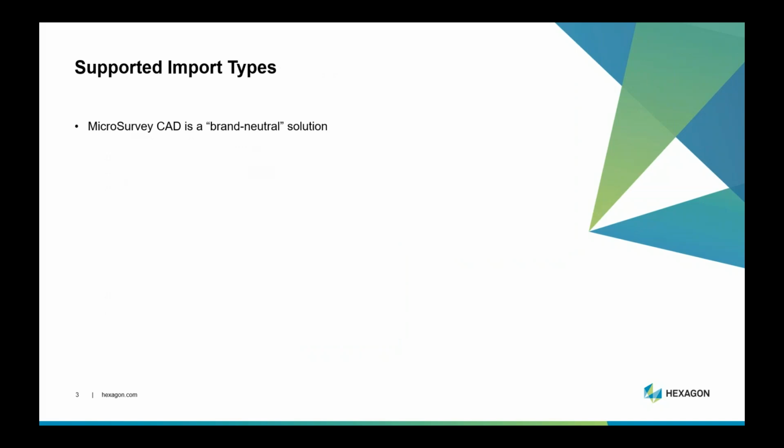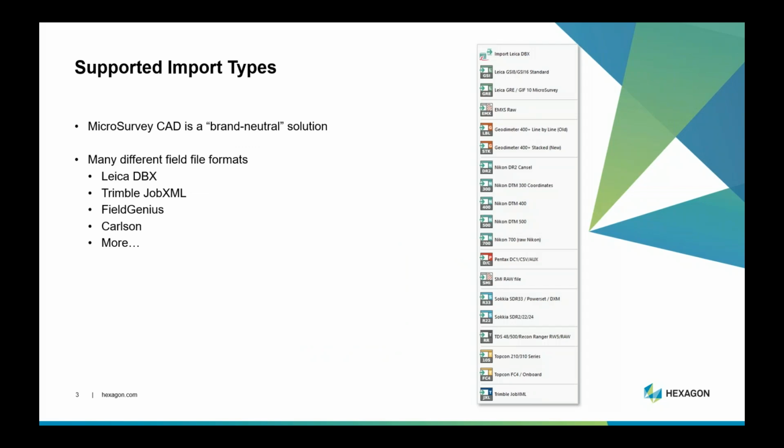So to start, MicroSurvey CAD is a brand neutral solution. That means we import several different file formats. We can import from Leica, Trimble, Field Genius, Carlson, and several more like Sokkia, Nikon, Geodimeter, that sort of thing, as well as CSV files and other text-based formats.